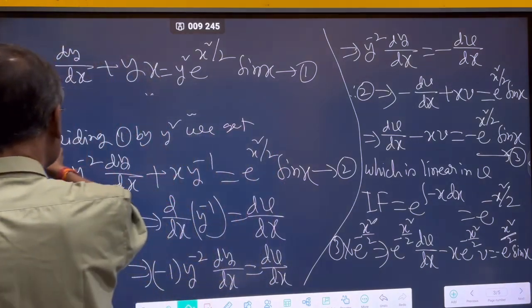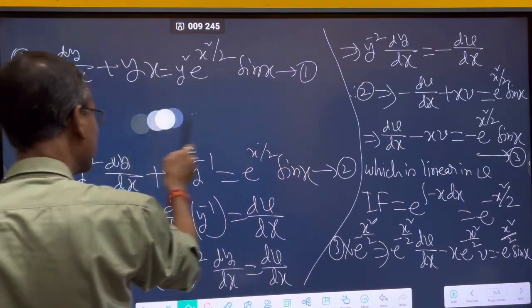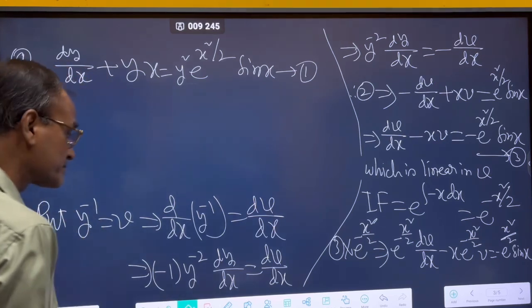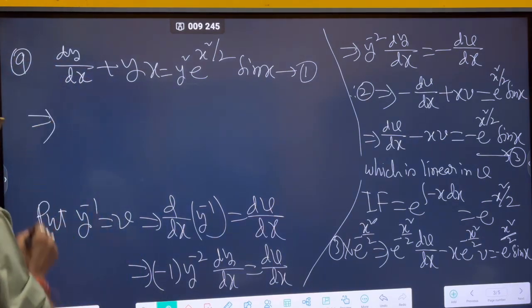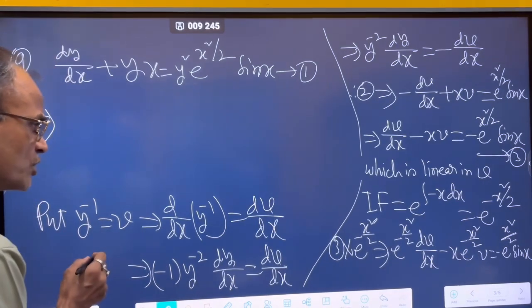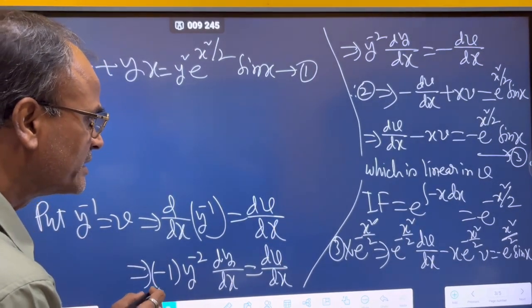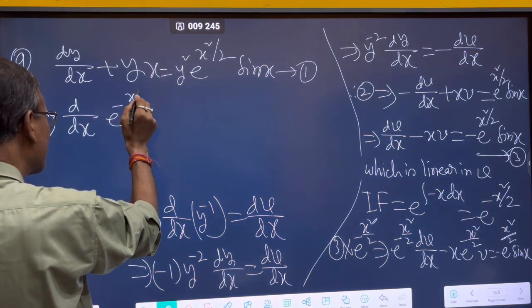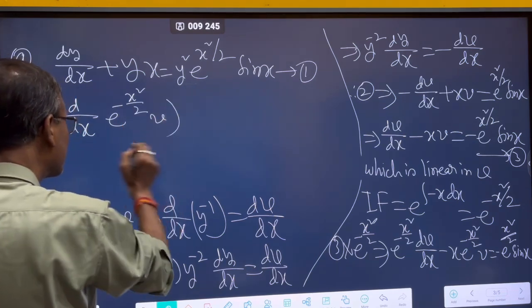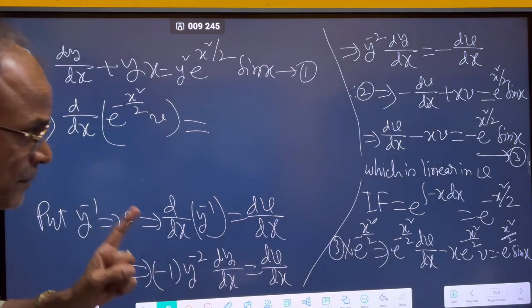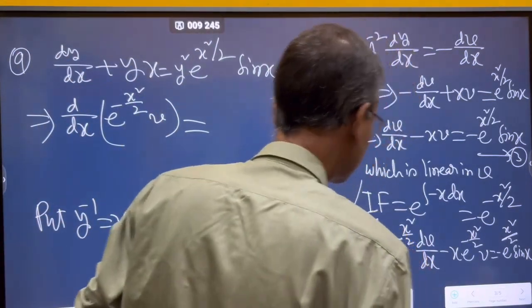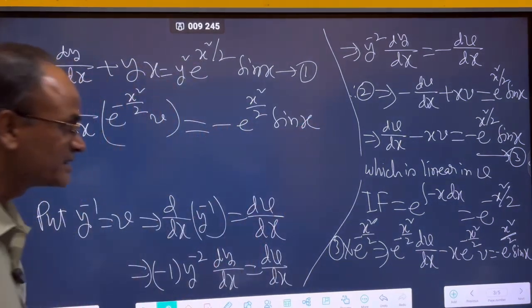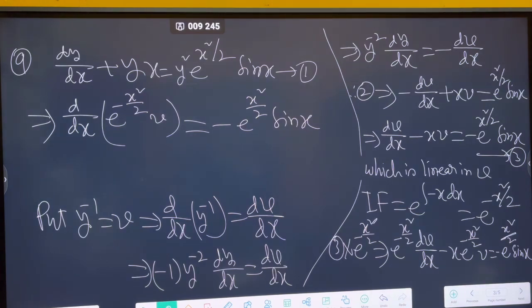Now let me write here. Question number 9. d/dx of e to the power minus x square by 2 v is equal to minus sin x.